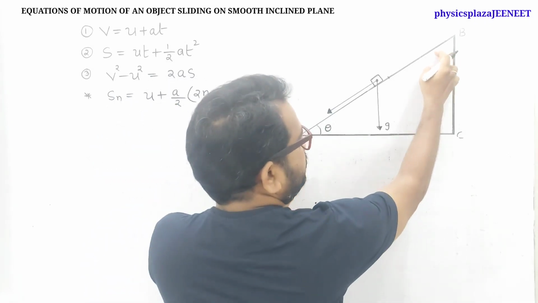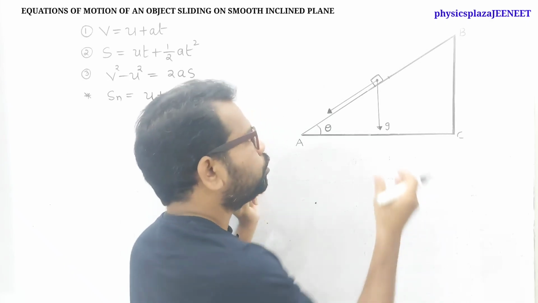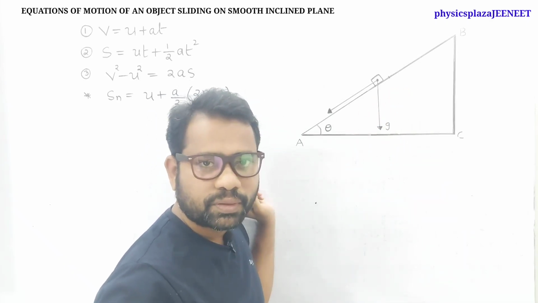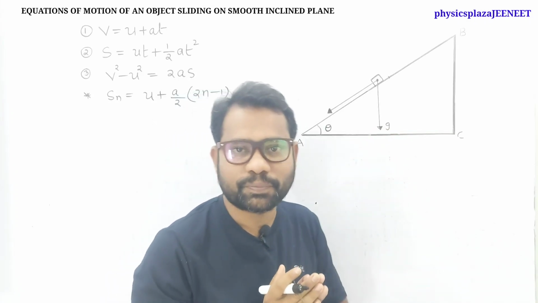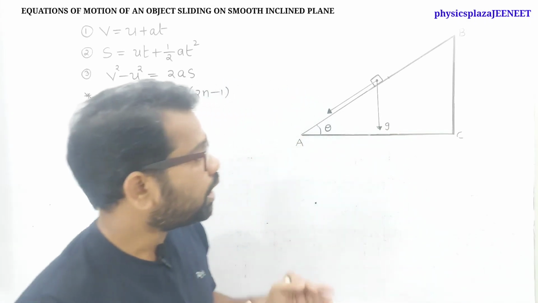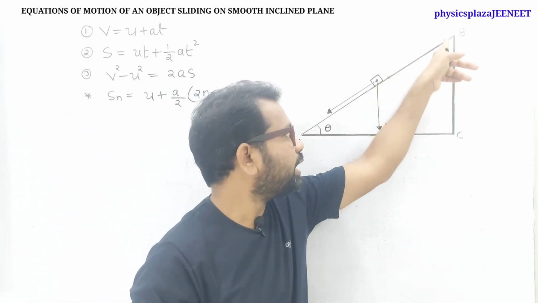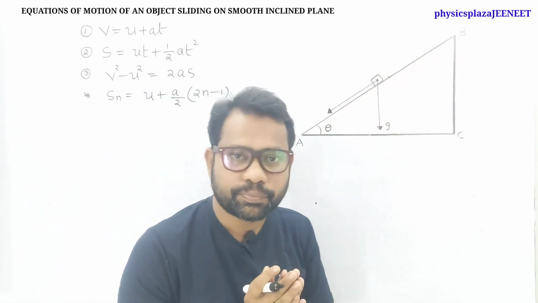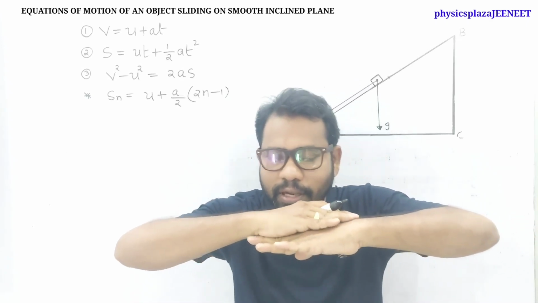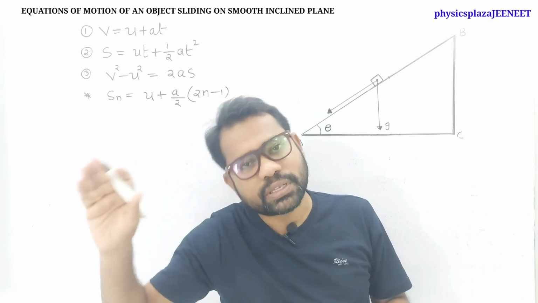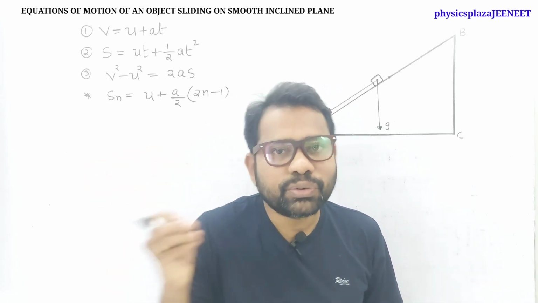Over this AB, a small object, a small particle or a tiny anything, whose mass m is placed here, so that its weight will be acting in the vertically downward direction. Now our intention is to derive equations of motion for this body which is sliding on this smooth inclined surface. Whether the body is placed on a horizontal surface or an inclined surface or whatever the surface, what will be the direction of acceleration due to gravity?